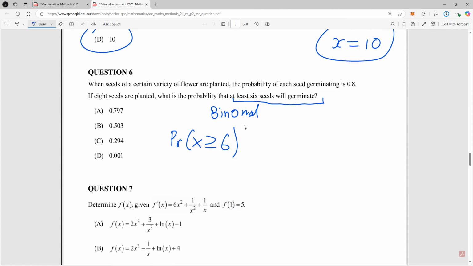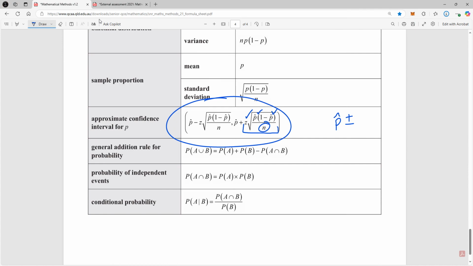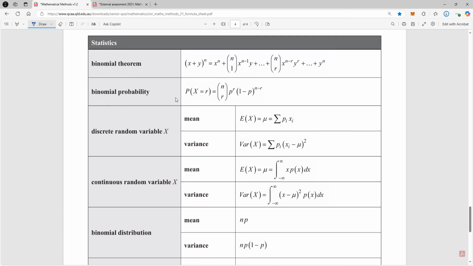A way we can work that out is thinking, there's 8 seeds planted. Why don't we just work out the probability that x is equal to 6, plus the probability that x is equal to 7, plus the probability that x is equal to 8, and add them all together. Now the probability formula you can use for binomial is this one here.